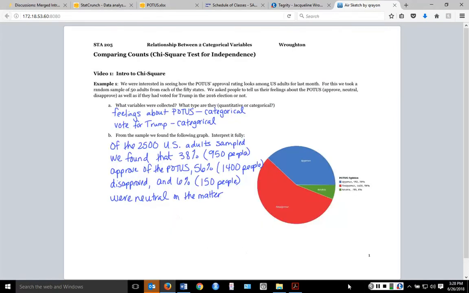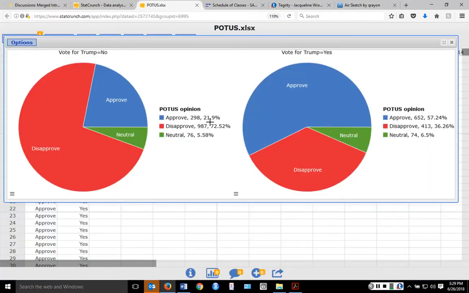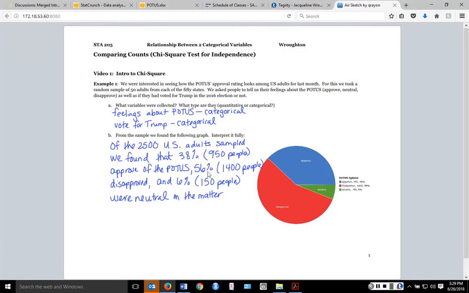What I also saw in my initial graph is that 950 people approved of the president. I can see that in my data here as well. So if I take my 298 plus my 652, I get 950 total approvals that I had. Same thing here then with those that disapproved. There was a total of 1,400 people that disapproved.